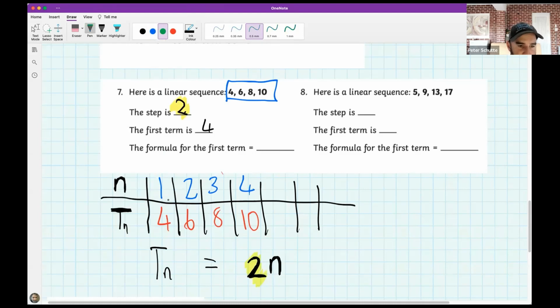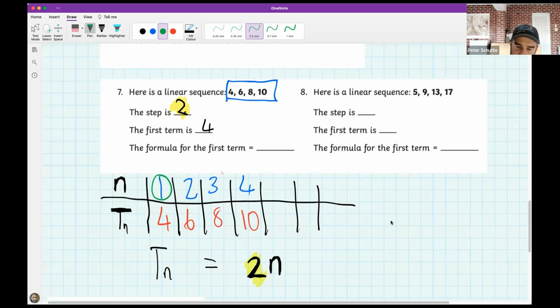If I made N1, position 1, does 1 times 2 give me the value of the first term? If I take position 1 and put it into this formula, does it give me the value of term number 1? Yes or no? So I'll wait. Okay.